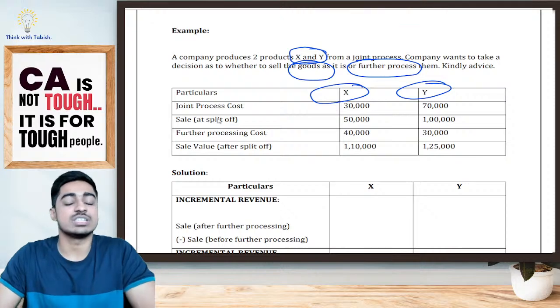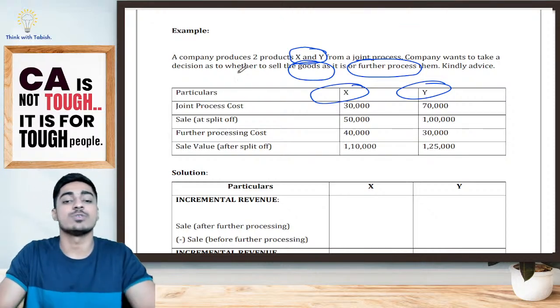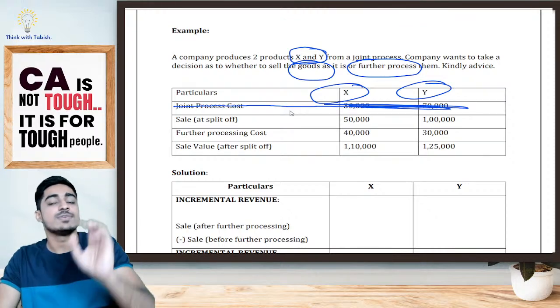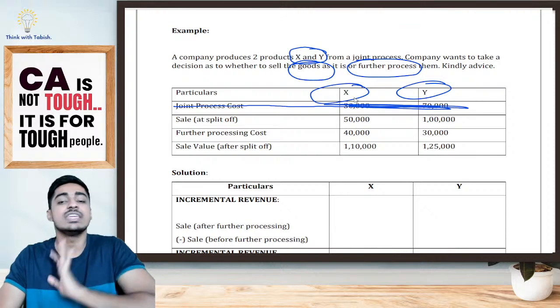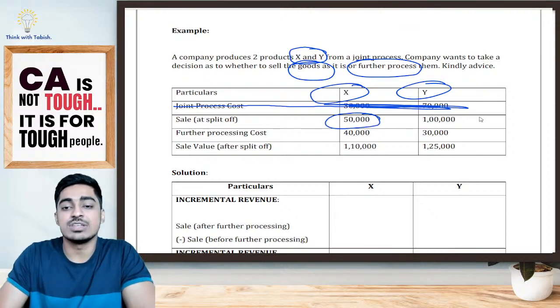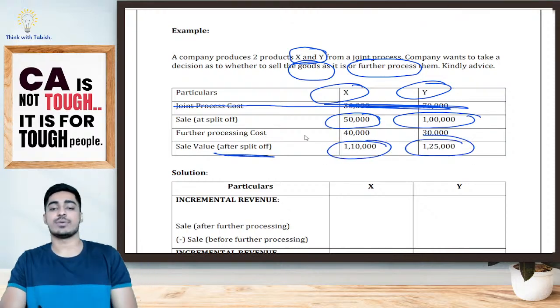So we have two products, X and Y. Joint process cost is given. Joint process cost before split off, whatever cost you have incurred, we have told it is historic cost, sunk cost, irrelevant. Whether we further process or don't process it further, this cost is anyway incurred. Now, sale at split off, X is 50,000, Y is 1 lakh. Sale value after split off, X is 1,10,000, Y is 1,25,000.